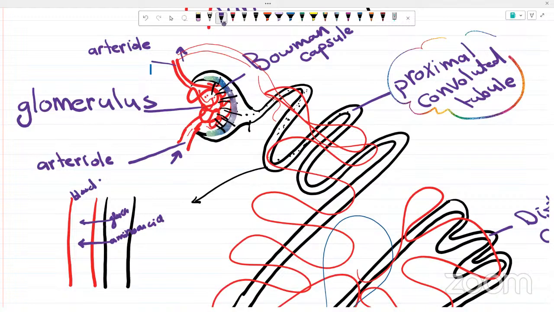So this will create water potential difference or not? Yes.